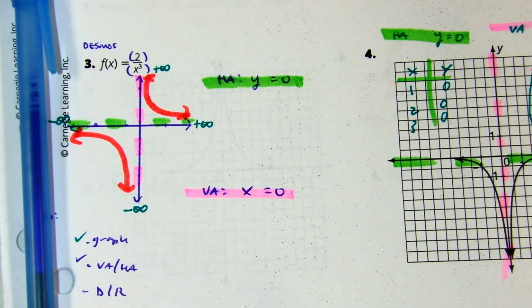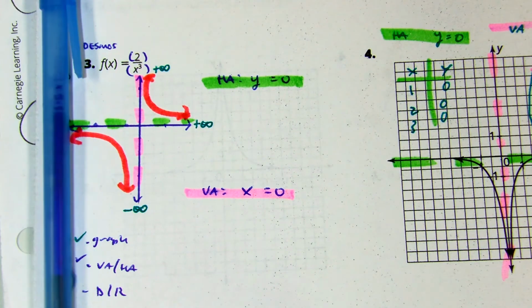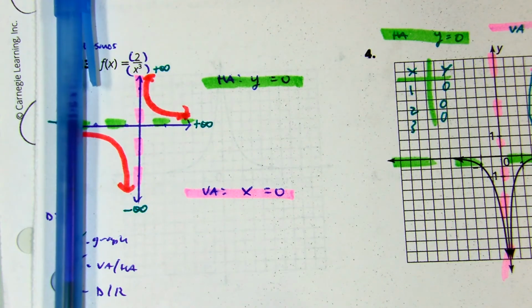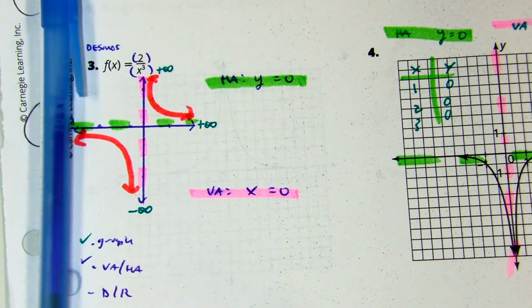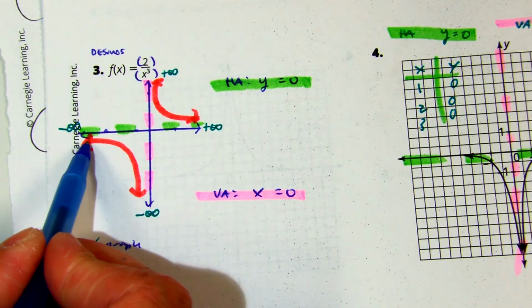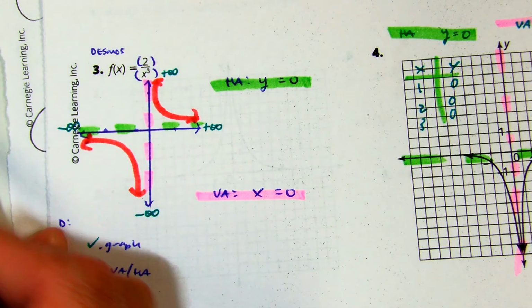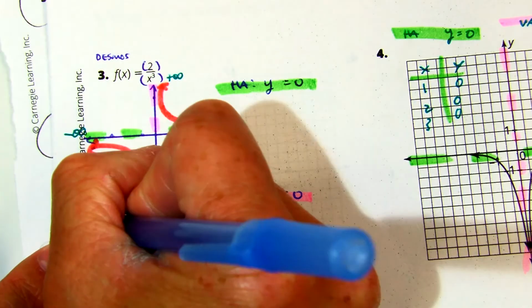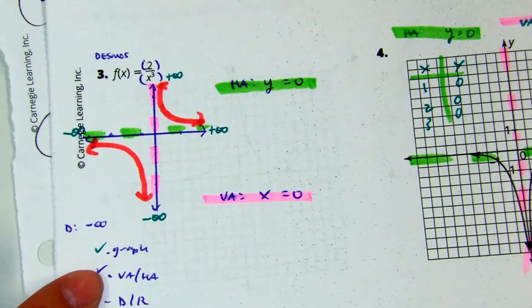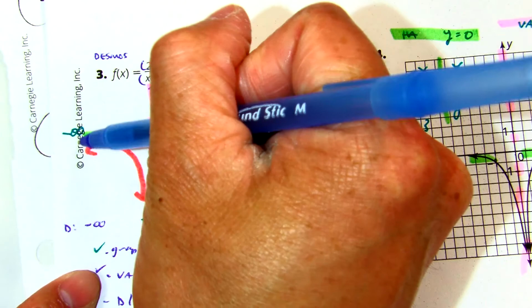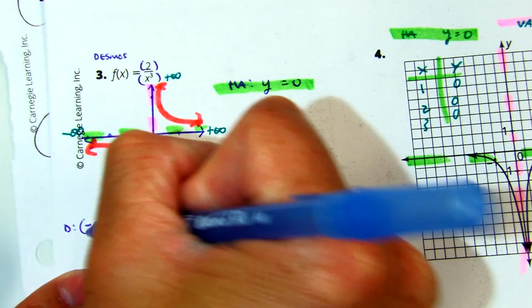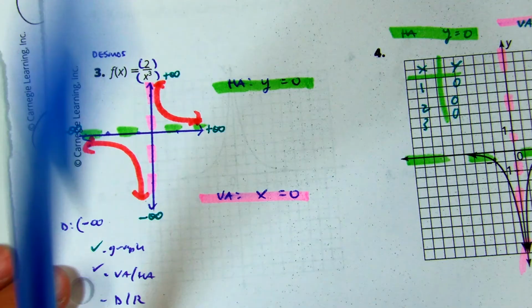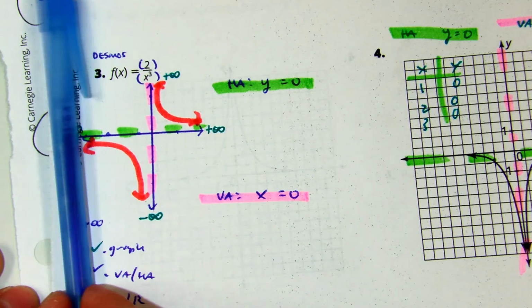And the question is, is the graph over here on the negative numbers? The answer is yes, because this arrow tells you the graph continues on forever over here on the negative numbers. So yes, there's a graph, so I'm going to write negative infinity. Now with infinity, you always have a parentheses. So we're basically saying there is a graph over here at negative infinity.